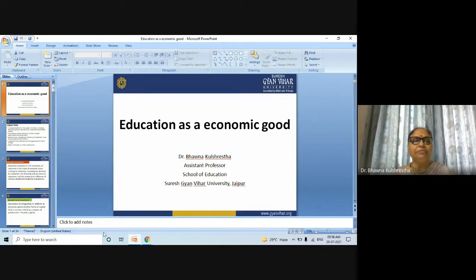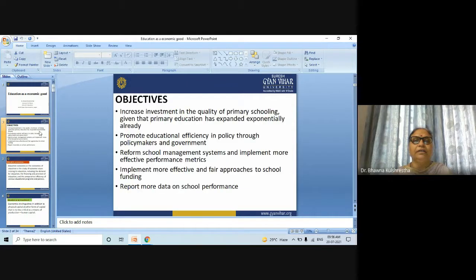The objectives of this topic are: increase investment in the quality of primary schooling, given that primary education has expanded exponentially already. Promote educational efficiency in policy through policymakers and government.